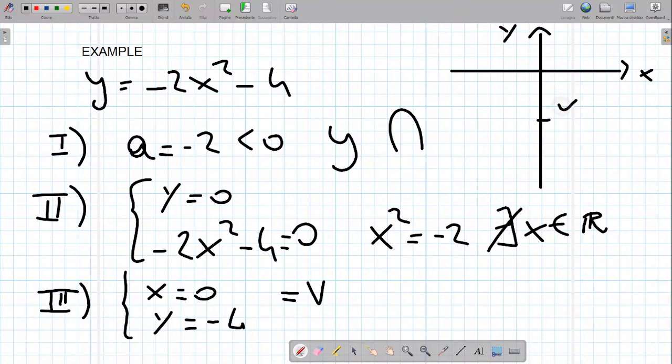And now, if I want to draw it even better, I can also choose a couple of points. I can substitute, for example, 1 for x, and I will obtain minus 6. So I can also say that these are 2 points belonging to the parabola, and I will draw something like that.